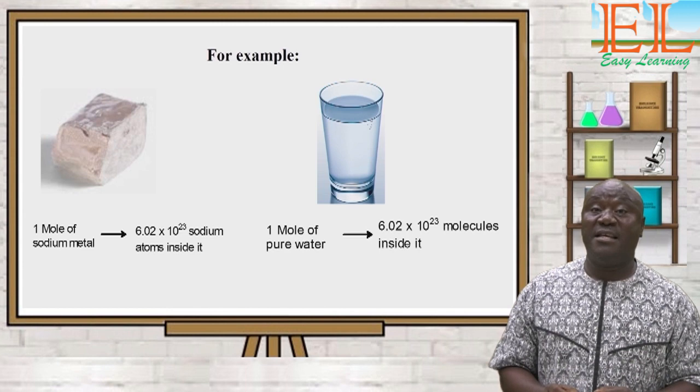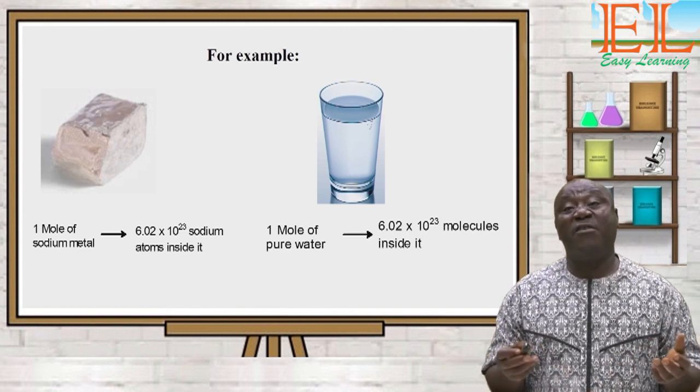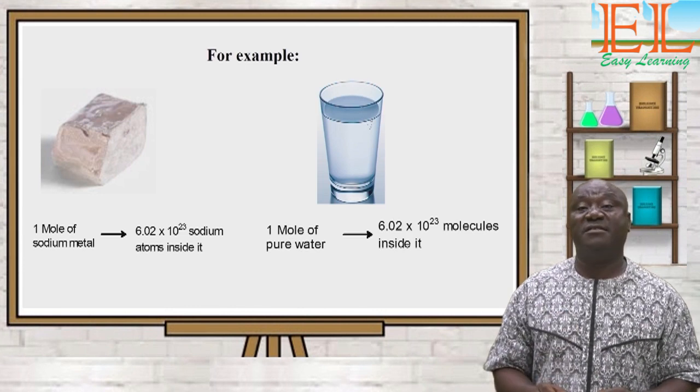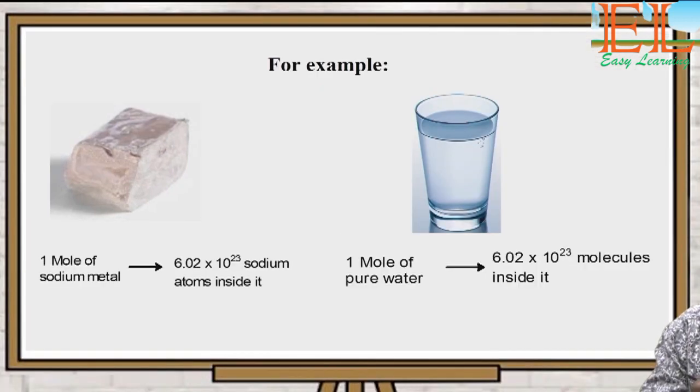Similarly, if we have 1 mole of water, as you can see on your screen, water is made up of molecules. If I count the number of molecules, I will arrive at 6.02 times 10 raised to the power 23 molecules of water inside it.